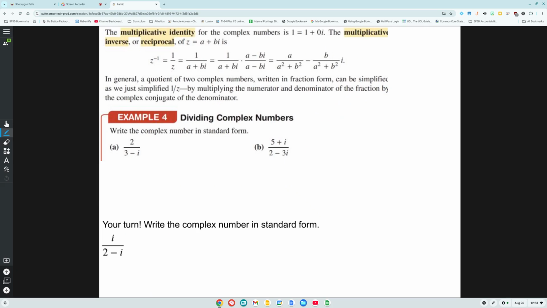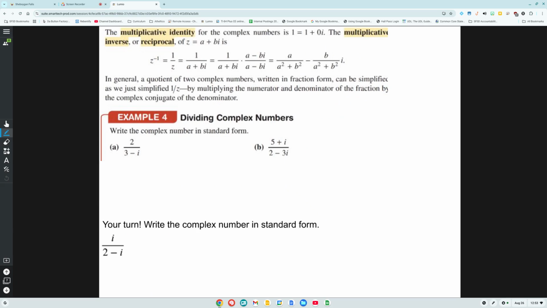The multiplicative inverse or reciprocal of z equals a plus bi is the complex conjugate. So what we're going to see here is that if I want to divide two numbers, I basically just multiply by the complex conjugate over itself so that I can take that denominator and make it real.